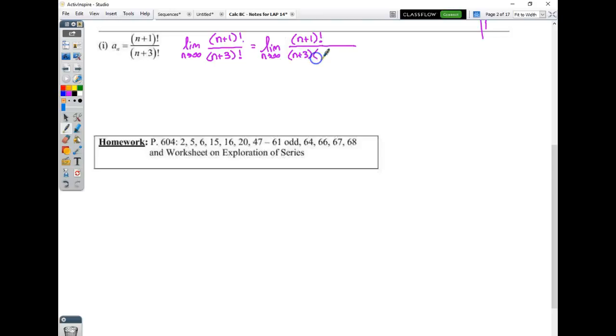What would be my next multiple? Those will reduce. 1 over n plus 3 times n plus 2. We say that converges to 0.